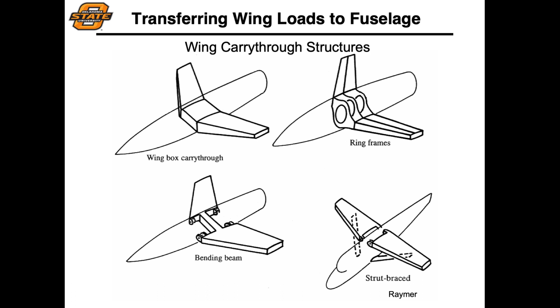There are simple approaches where you essentially have a single bending beam that's connecting those two wings together, or you can have a strut braced approach where that wing is then free to pivot about the fuselage. Many times, to be honest, what you'll see in an aircraft is one really large bolt that essentially connects the wing to the fuselage, and all those forces are transferred through that single bolt element within the structure.